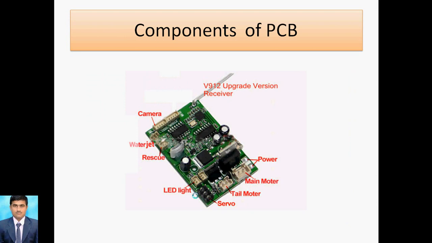Now we will discuss the PCB components. The PCB components are made up of a variety of complex electrical elements including resistors, capacitors, diodes, transistors and fuses. So this can identify the PCB board, and it can create different functions.